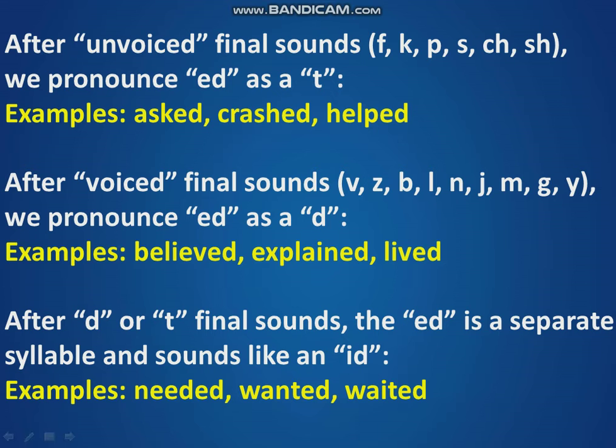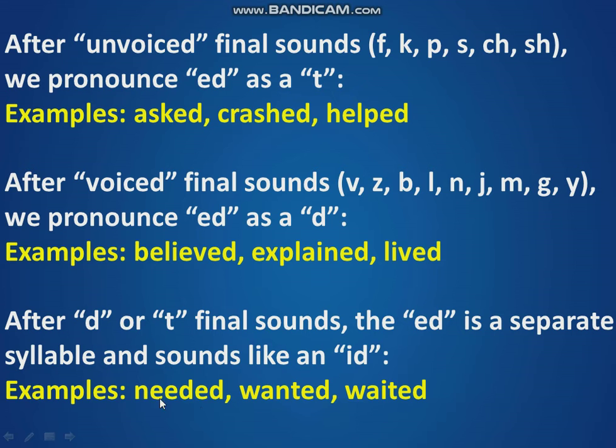Good. Now, after T or D final sounds, the ED is a completely separate syllable. It's a separate syllable, and it sounds like ID, id. I say, you repeat. Needed. Needed.